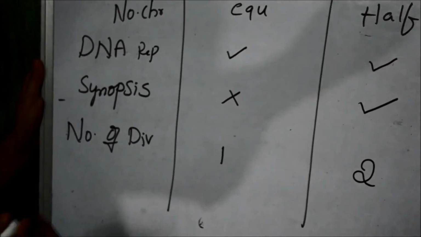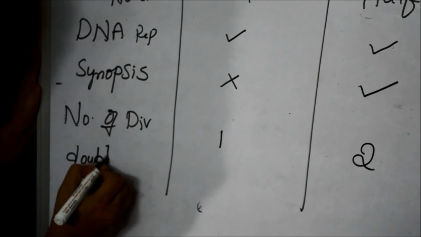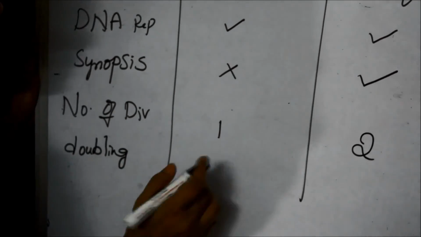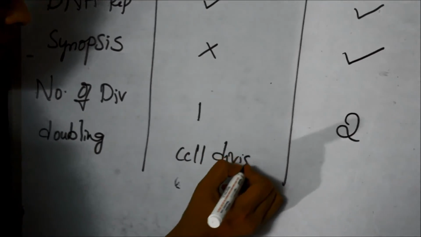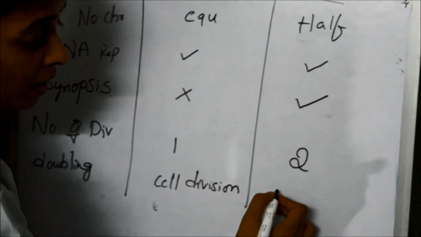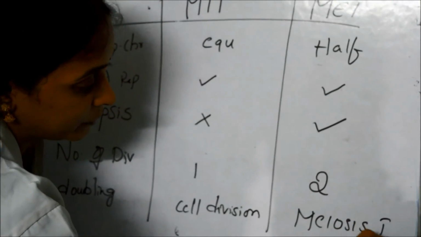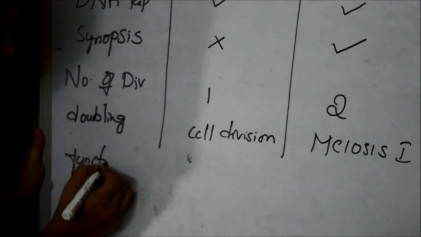Next one is the doubling of chromosomes. In mitosis the chromosomes double before the cell division. In meiosis the chromosomes double after meiosis 1. And last and final, the functions of the cell.